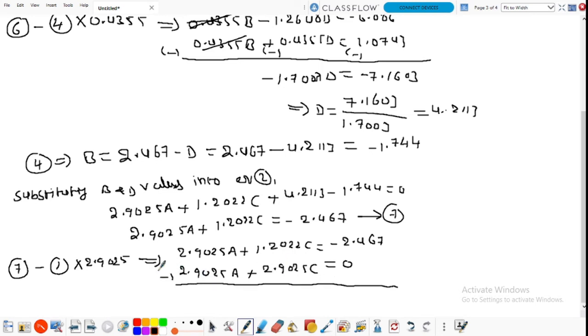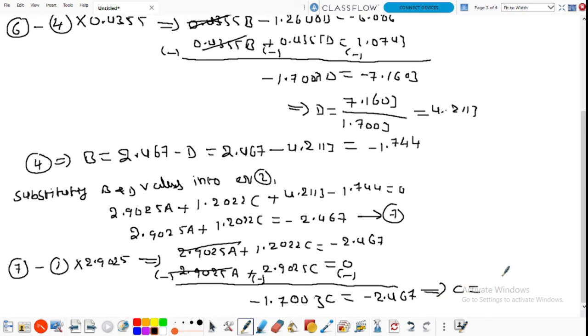Subtracting, the a term is cancelled, and we get minus 1.7003c is equal to minus 2.467. The negative sign on both sides is cancelled.